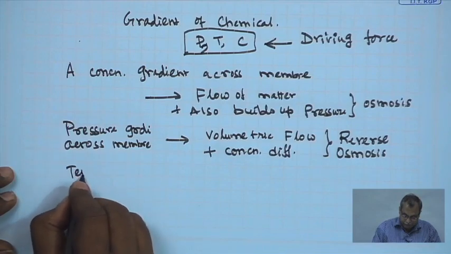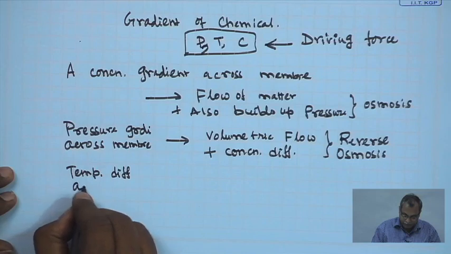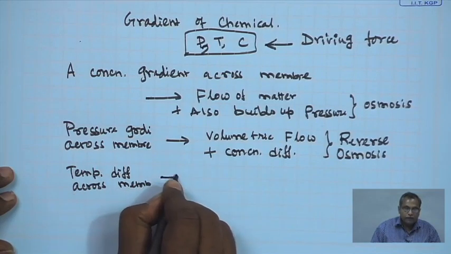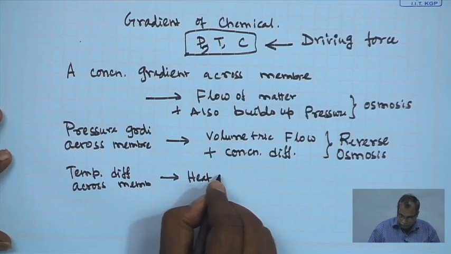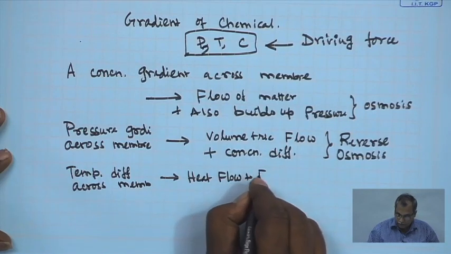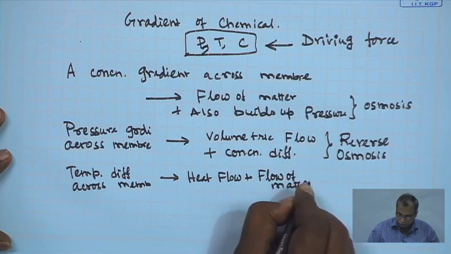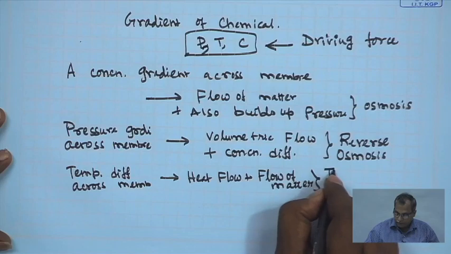A temperature difference, or temperature gradient, across the membrane leads to heat flow plus flow of matter. This is known as thermodiffusion or the Soret effect.